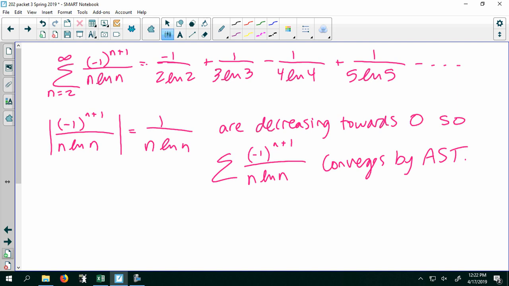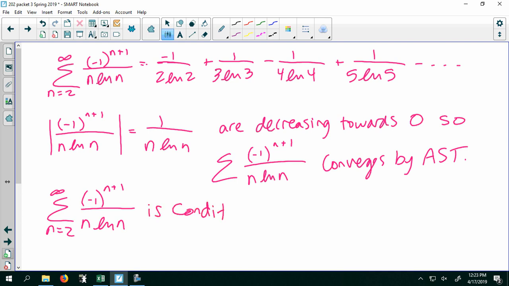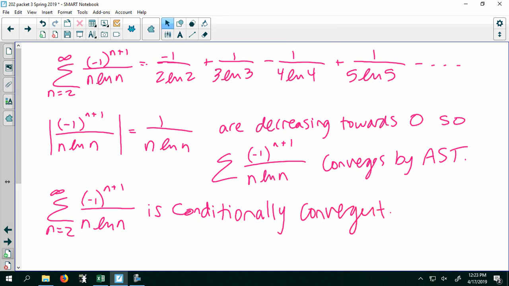The terms alternate signs, and then the absolute value of the terms are decreasing towards 0. Converges by the alternating series test. So the absolute value of the sum diverged, but the alternating version converged. So that means that my original sum, n equals 2 to infinity of negative 1 to the n plus 1 over n ln n, is conditionally convergent. It converges, but the absolute value version does not.